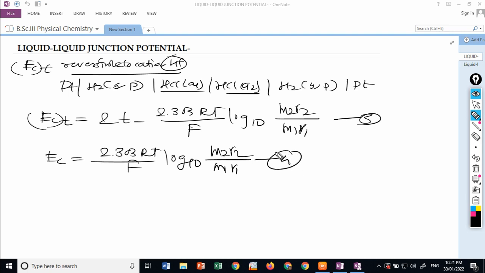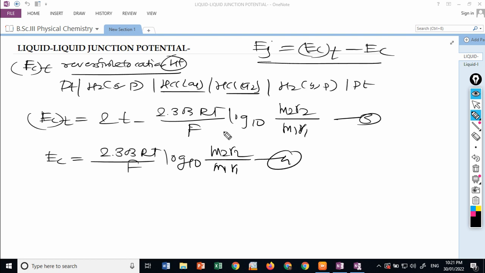From equation 2 we can write: the liquid junction potential is equal to the EMF of the cell with transference minus the EMF of the cell without transference.